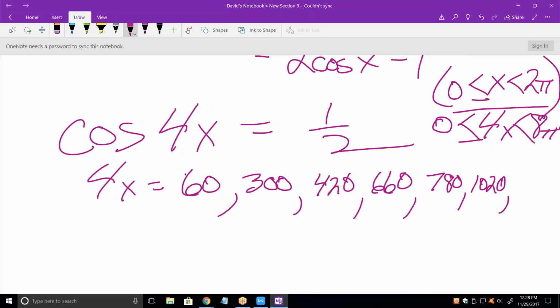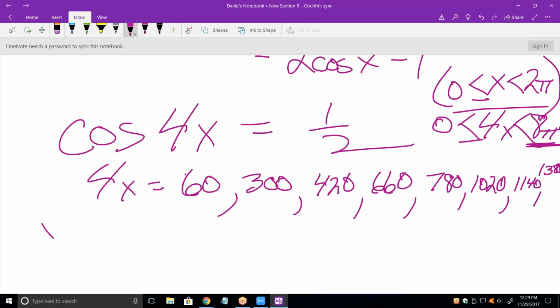And finally, the fourth unit circle, which goes all the way to 8 pi. 1140. And then 1,380. Okay. So there's our 8 answers for 4x. All of them are correct.